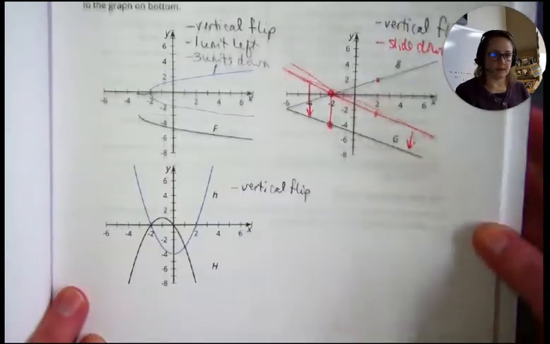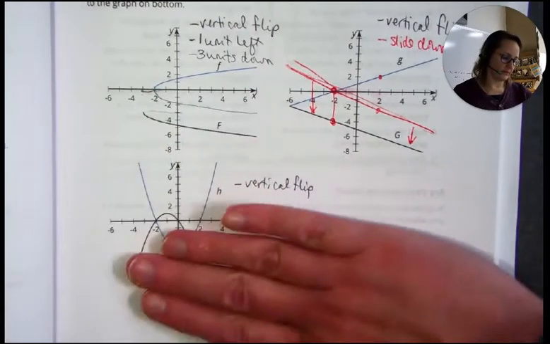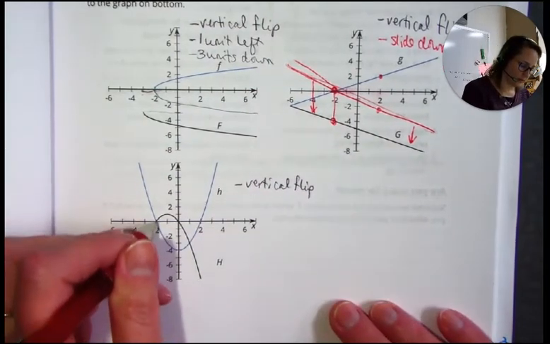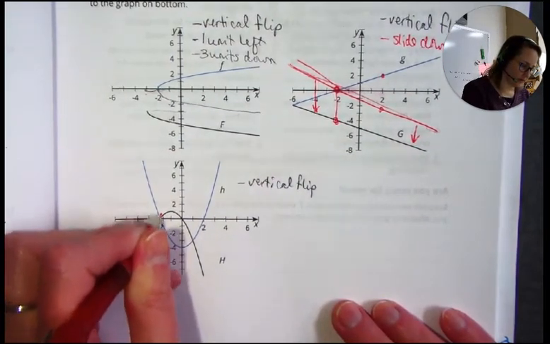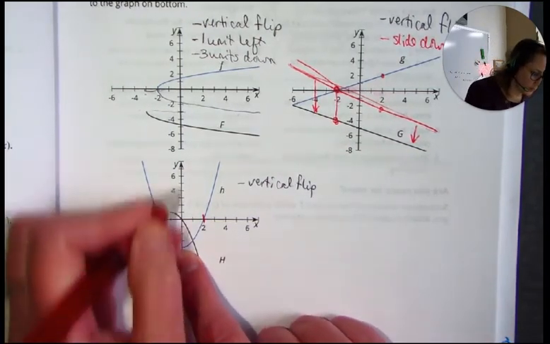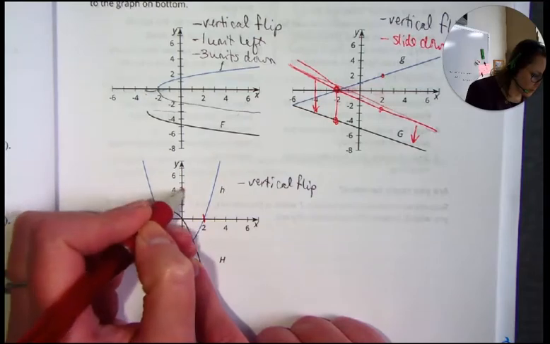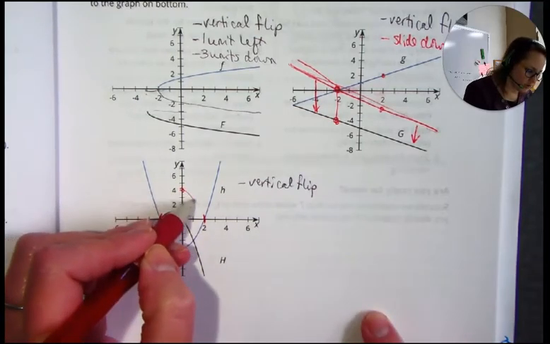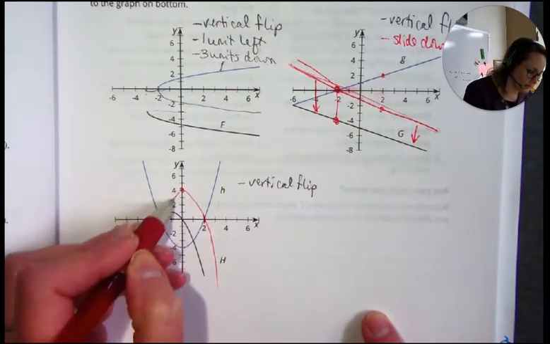And last but not least, this one, if we flipped it vertically, it would still have the same x-intercepts. That y-intercept would go up to +4. So with just a vertical flip, we would have something that looks like this.